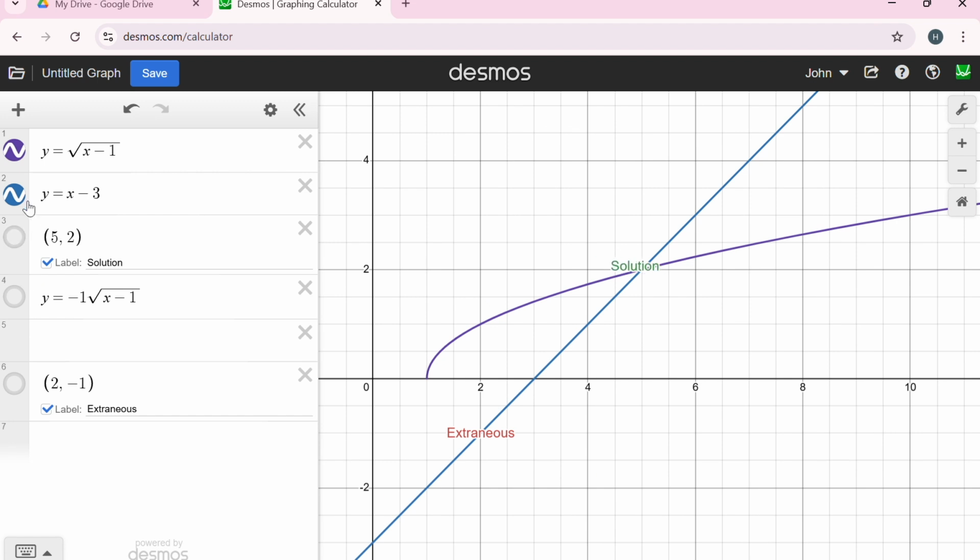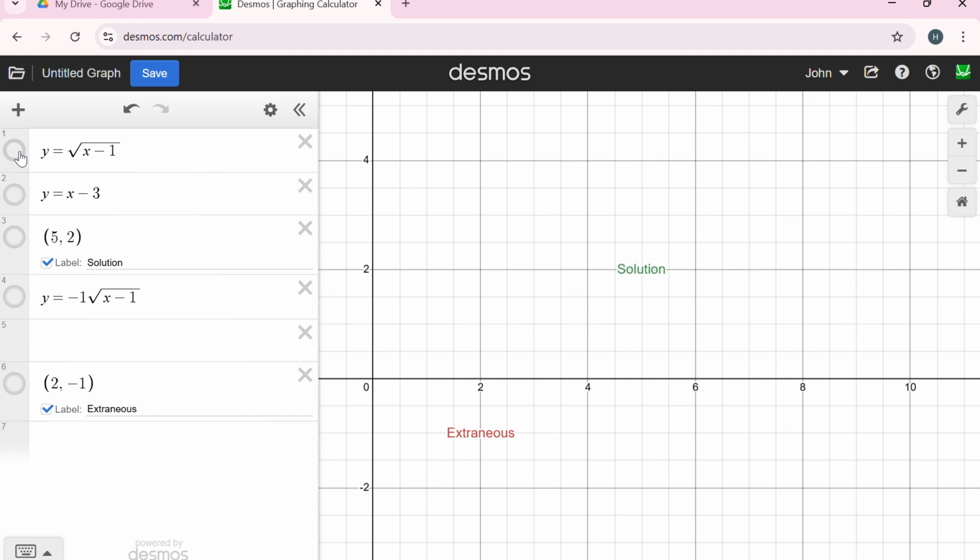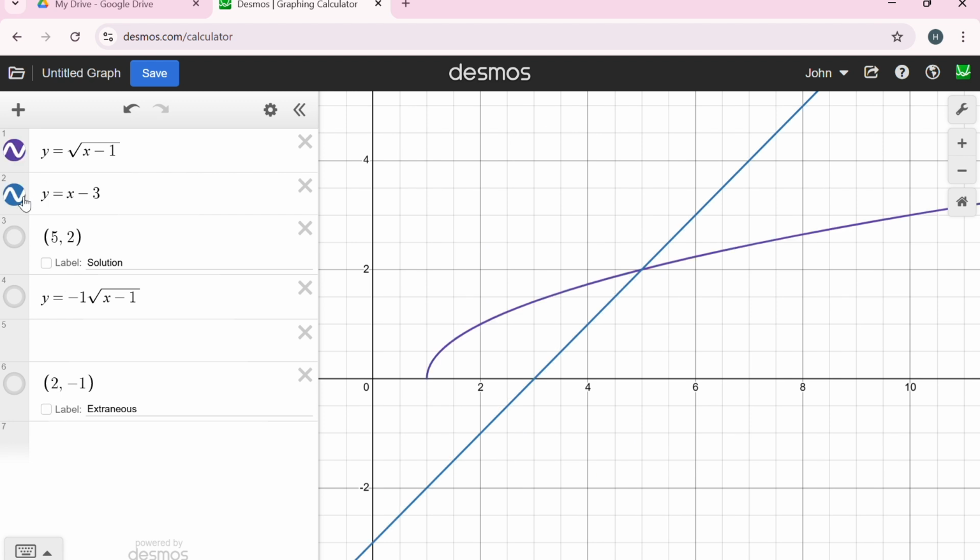Just to recap, I started with rearranging the two equations and finding the intersection point, and the intersection point is 5, 2, which is our solution. So solution is x equals 5. Okay, so we know that. And then we said we have to consider this purple graph. There's actually a negative version to it.